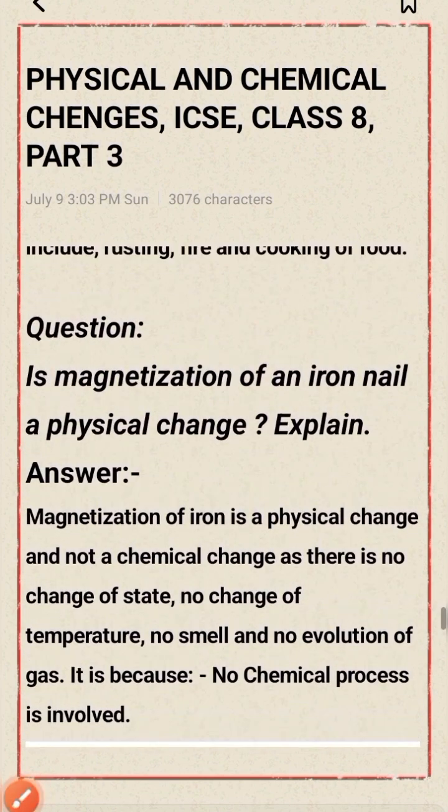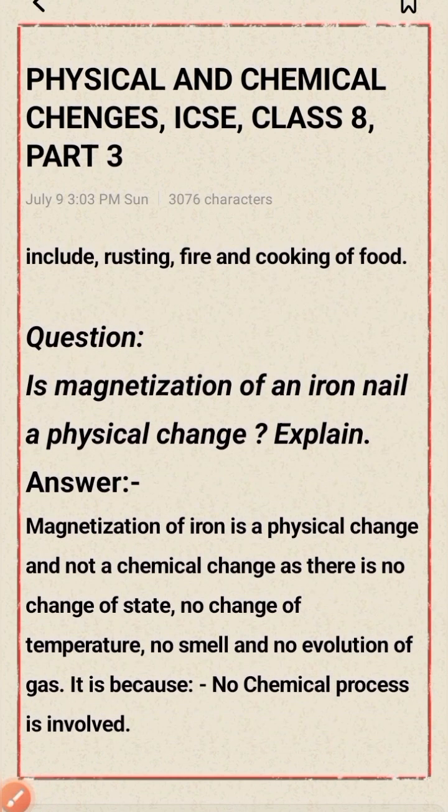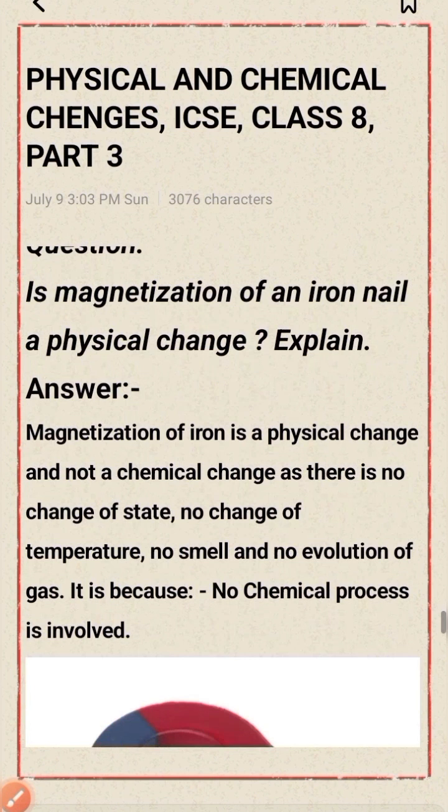Next is: is magnetization of an iron nail a physical change? Explain. Magnetization of iron is a physical change and not a chemical change, as there is no change of state, no change of temperature, no smell, and no evolution of gas.